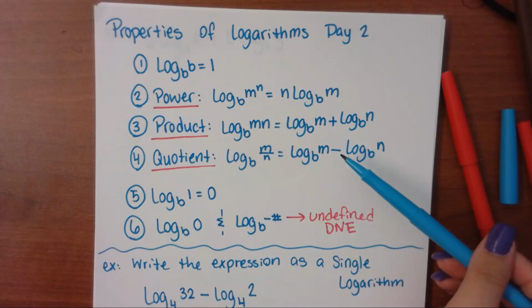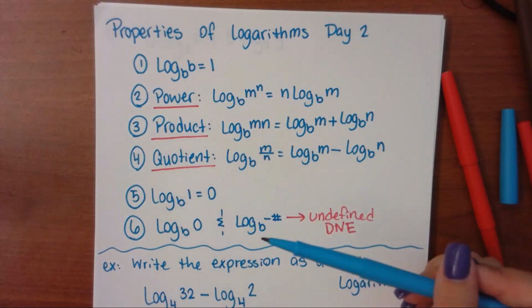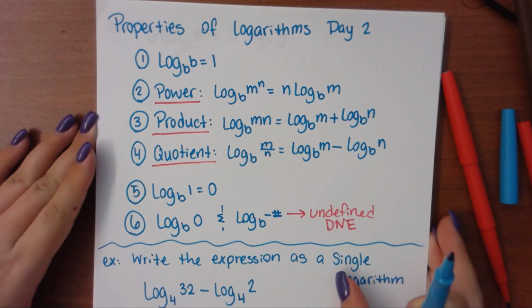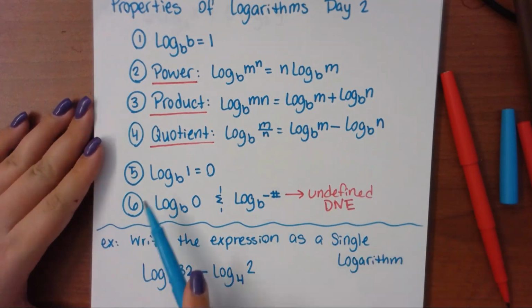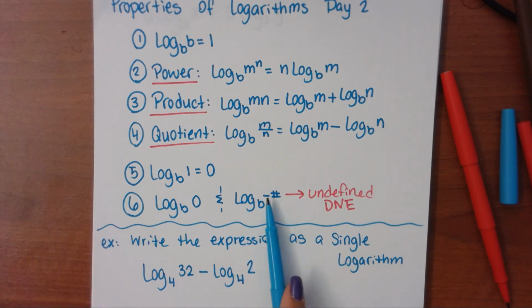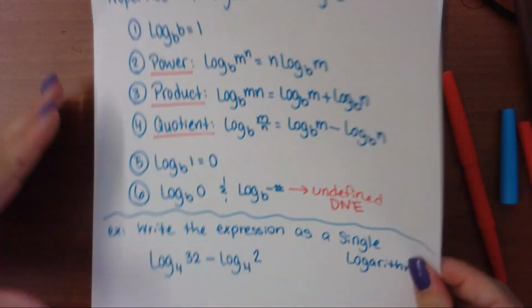So it's kind of like your exponent rules, where you have the multiplication, you're adding, and you're dividing, you're subtracting. Very similar to those rules. And then we know that log base b of 1 is equal to 0, and then log base b of 0 and log base b of a negative number is undefined. That does not exist.